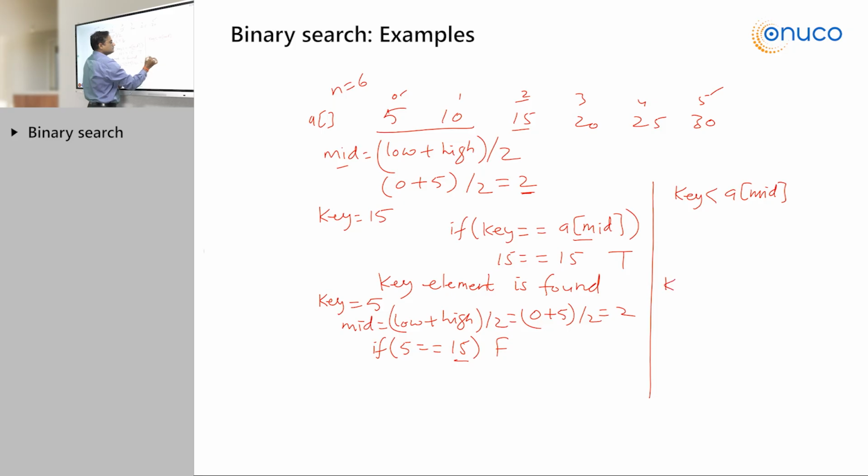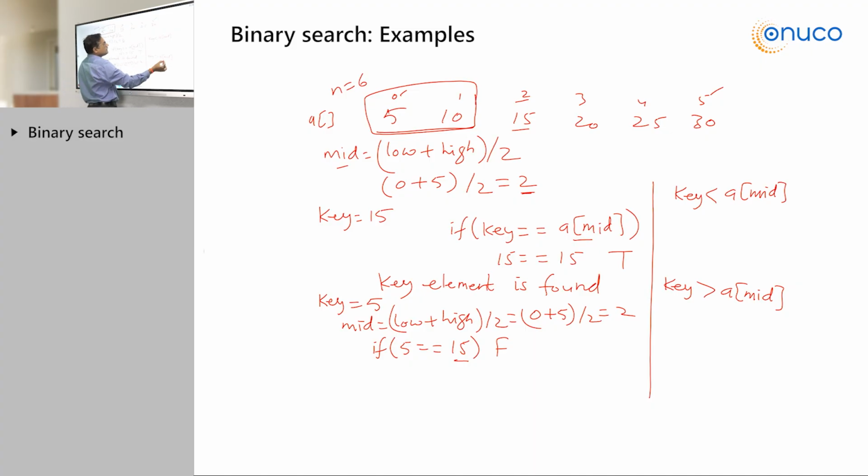If key is greater than A of mid, if both are not equal, there are two different cases. Either key will be lesser than A of mid or key will be greater than A of mid. If key is lesser than A of mid, the key element is going to be in this part, right?